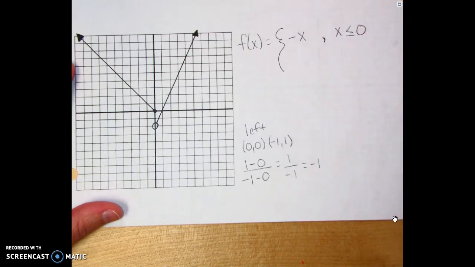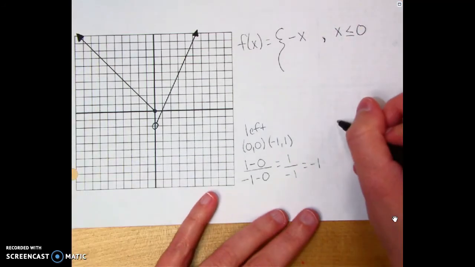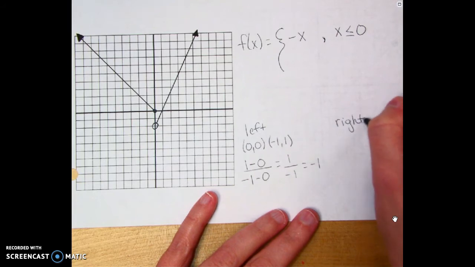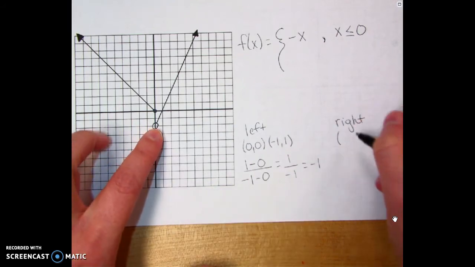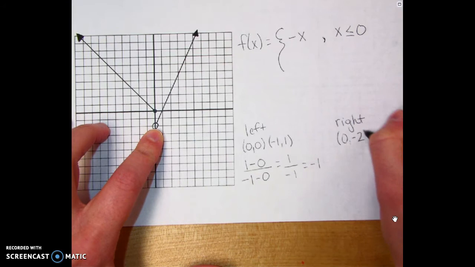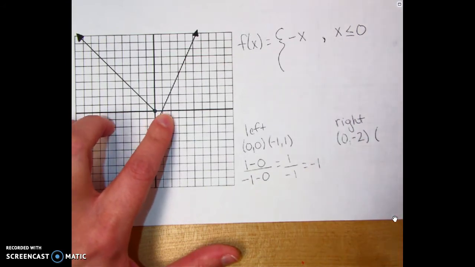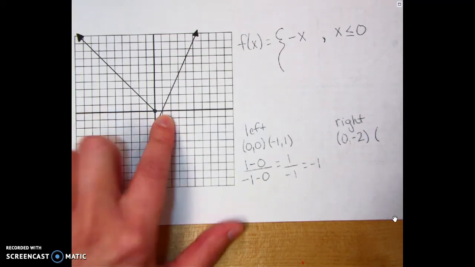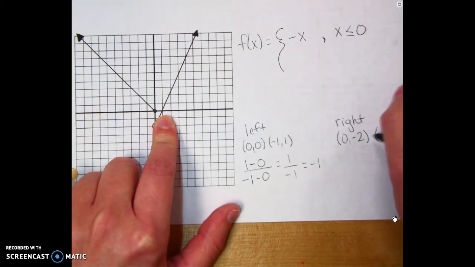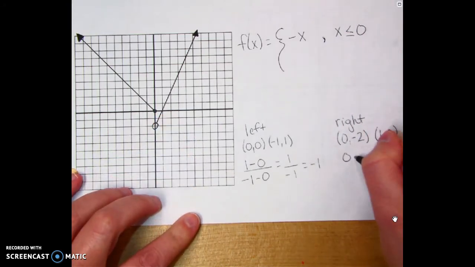There you go. Okay, to find the slope for the one on the right, I'm going to use the points 0, -2, and is that 1, 0? Okay, that's 0 minus negative 2.